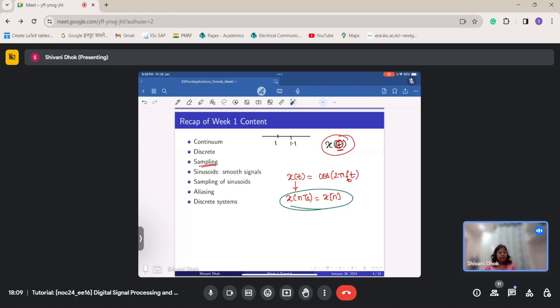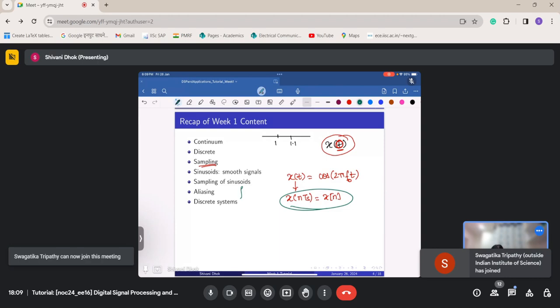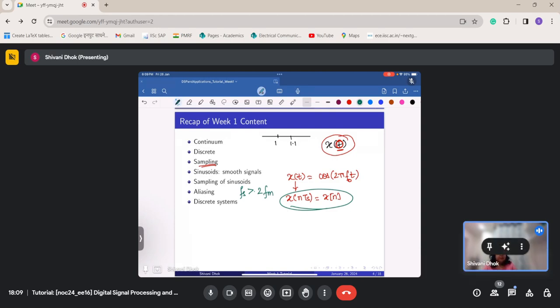So when we want to reconstruct the continuous time signal from its discrete samples, in order to uniquely reconstruct it back, we need to satisfy the condition that the sampling frequency Fs should be greater than 2 times the maximum frequency present in that particular signal.